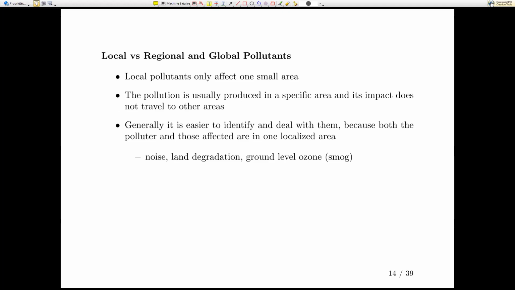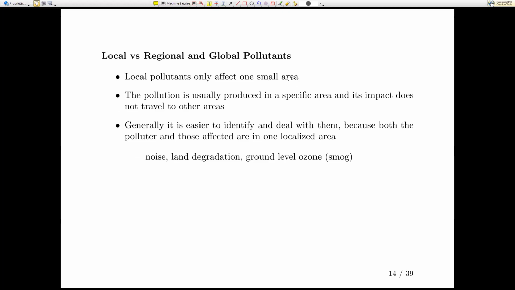All right, local versus regional versus global. So of course, the more local it is, the easier it is to deal with, because it only affects one small area. So you can think of a lake, for instance.